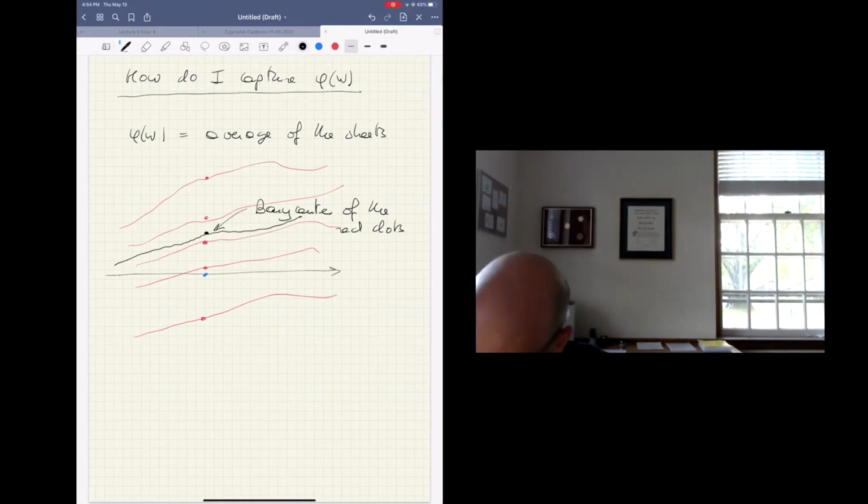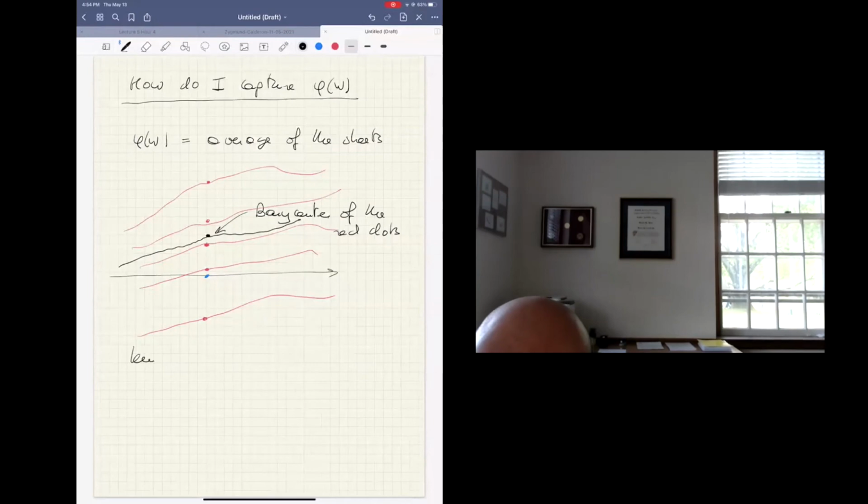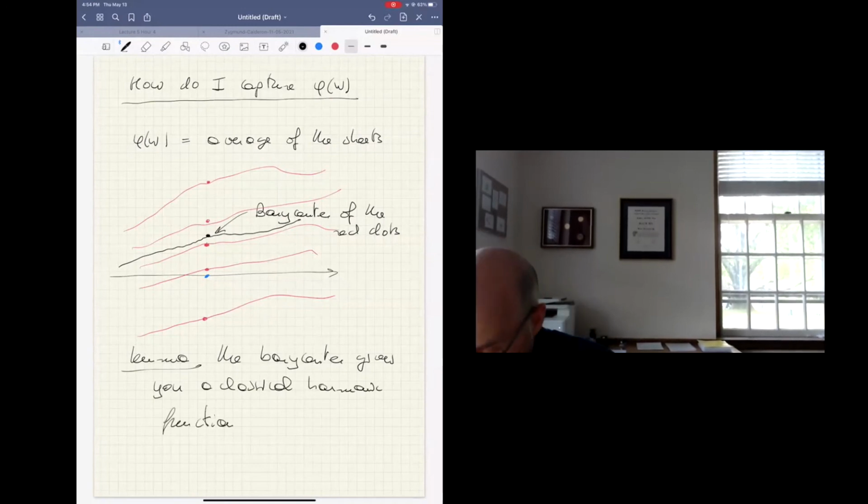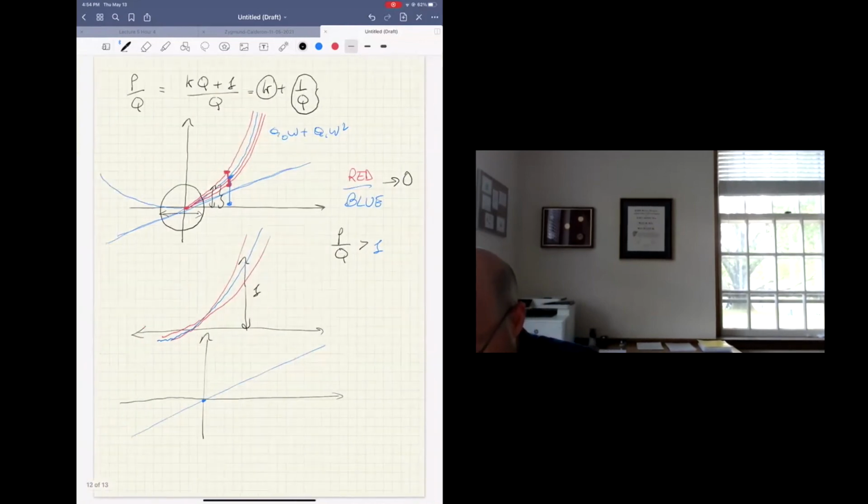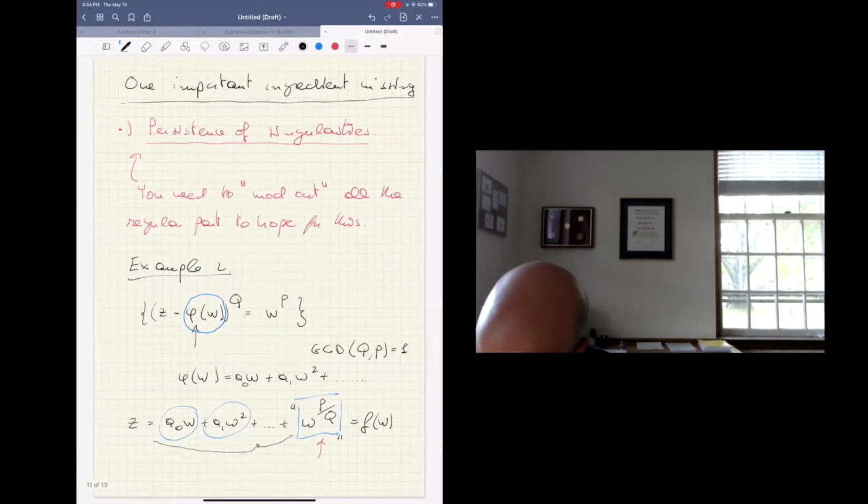Okay, so now what you can prove is the following simple lemma. The body center gives you a classical harmonic function. You take this classical harmonic function. This is exactly this phi of W in this example. So you capture this phi of W without knowing a priori the regularity.